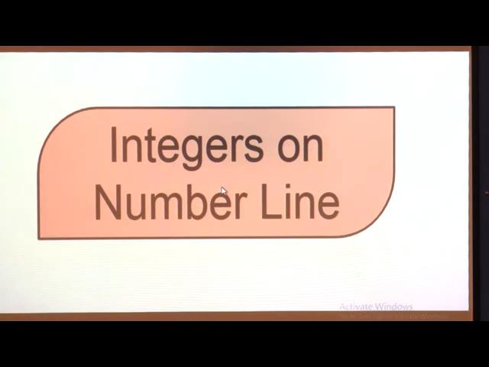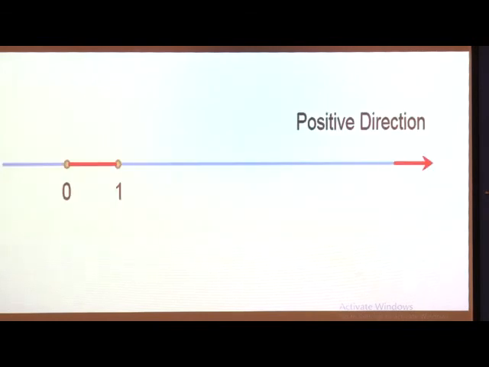Integers on number line. Now, to see this we must understand the number line. You know that 0 is the point of origin. As we move towards the right from the 0, we move in a positive direction. And the distance from 0 to 1 is called unit distance.